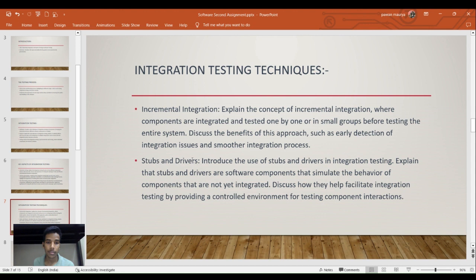Stubs and drivers: introduce the use of stubs and drivers in integration testing. Explain that stubs and drivers are software components that simulate the behavior of components that are not yet integrated. Discuss how they help facilitate integration testing by providing a controlled environment for testing component interactions.